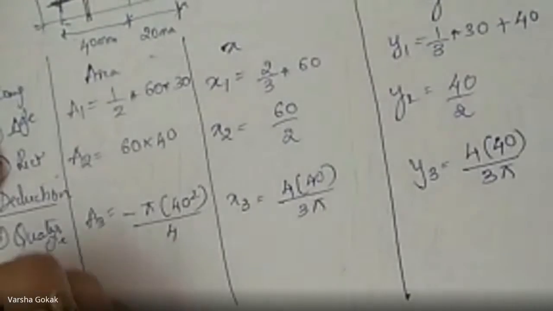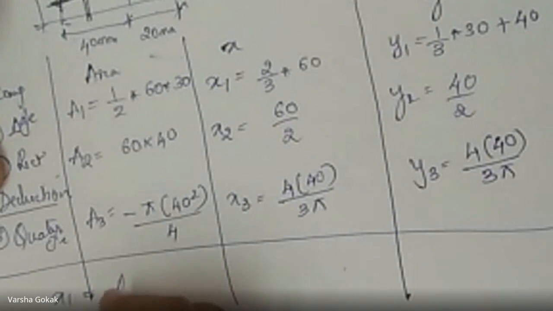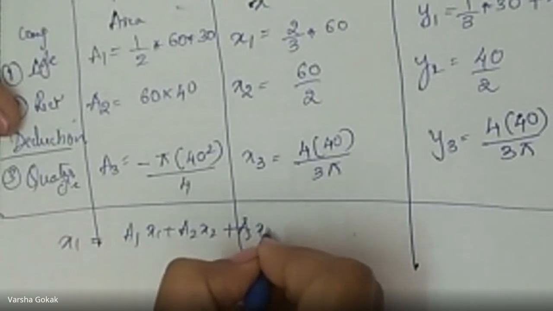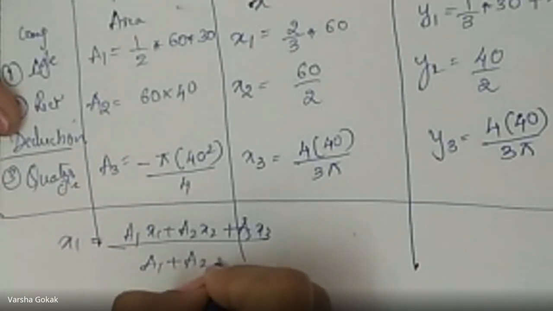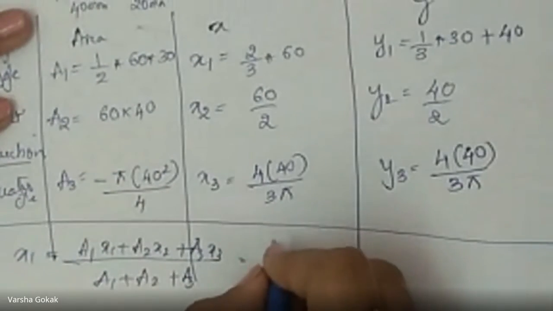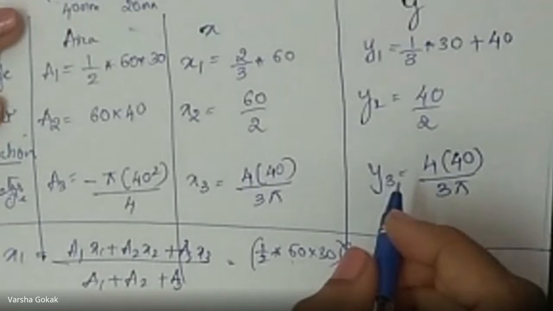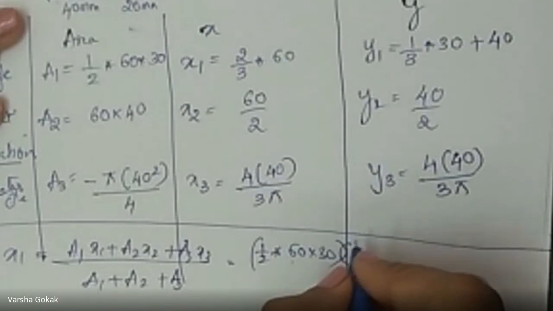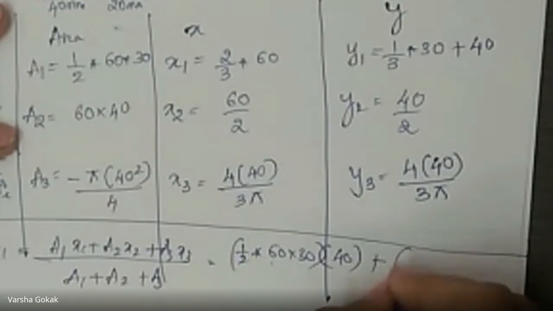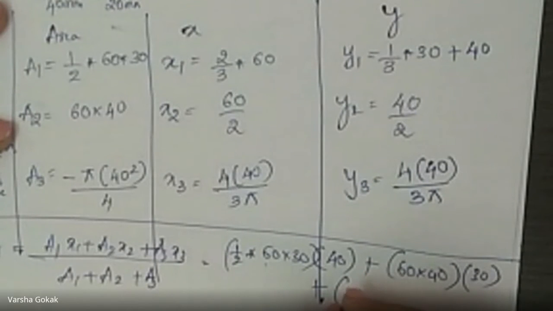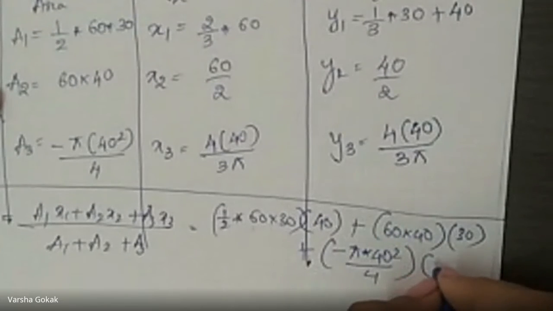Directly substitute and get the x bar. So x bar is going to be a1 x1 plus a2 x2 plus a3 x3 divided by a1 plus a2 plus a3. Substitute. a1 x1 is half into 60 into 40, plus a2 is 60 into 40, x2 is 30, plus a3 is minus pi into 40 square by 4, x3 is 4 into 40 by 3 pi.